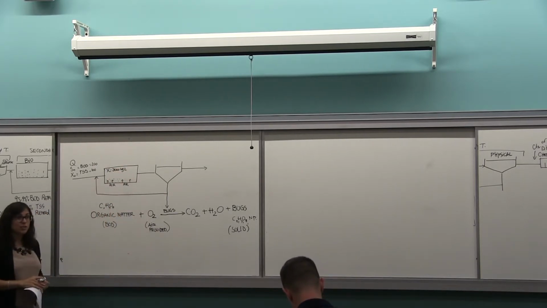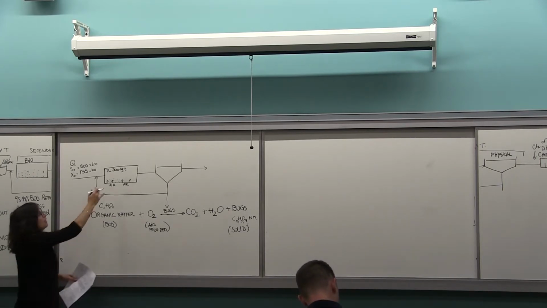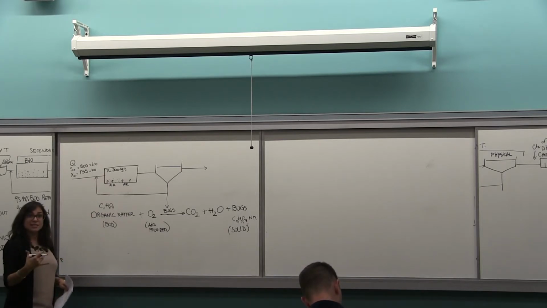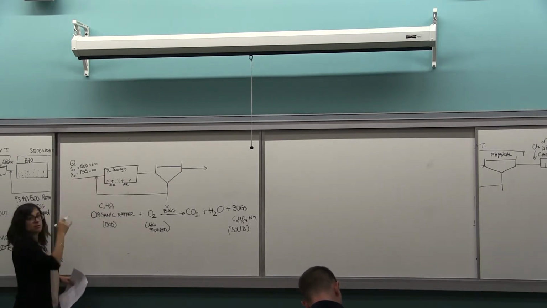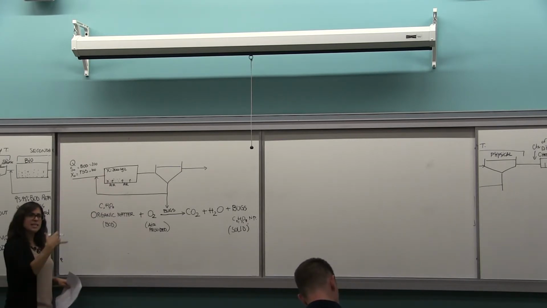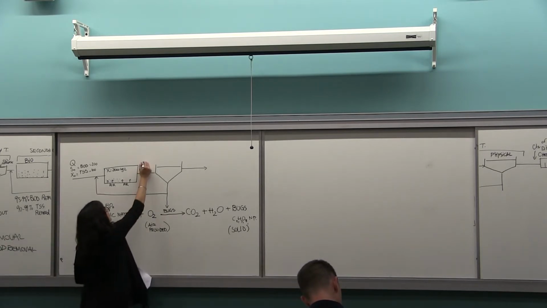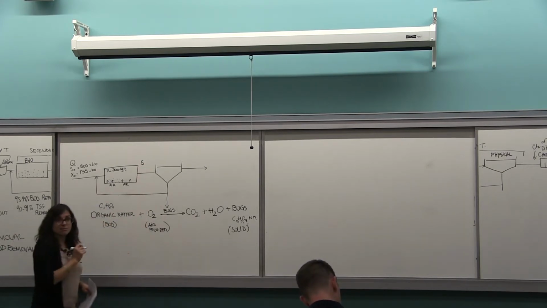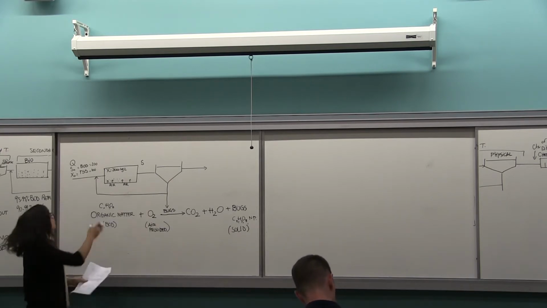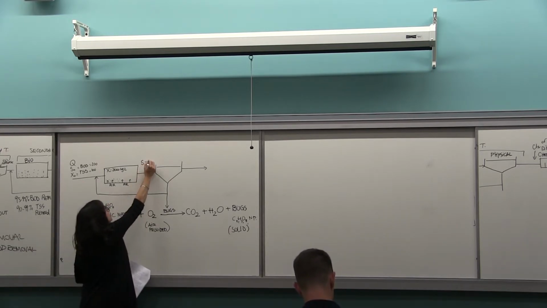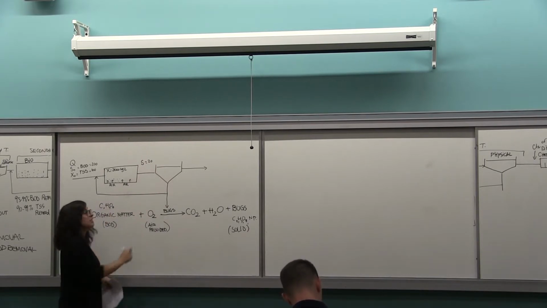Within the reactor, we have a lot of bugs that are eating the BOD. So my X, because X stands for suspended solids, it's very high. My S, BOD, it's pretty much 95% removed, so 200, let's say we have 20.